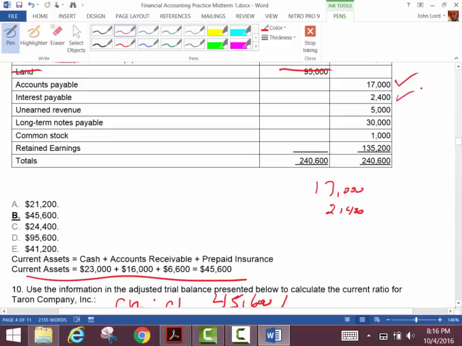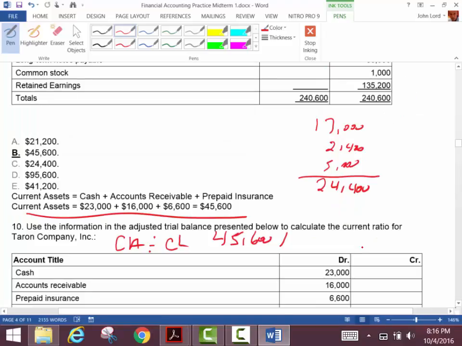How about the unearned revenue? Unearned revenue is typically going to be earned out in a year, so we're going to pick that up. How about long-term notes payable? Long term means it's not current, right? Common stock and retained earnings aren't even liabilities, right? So we add all that up. What do we get here? 24,400, you say? Okay, good.